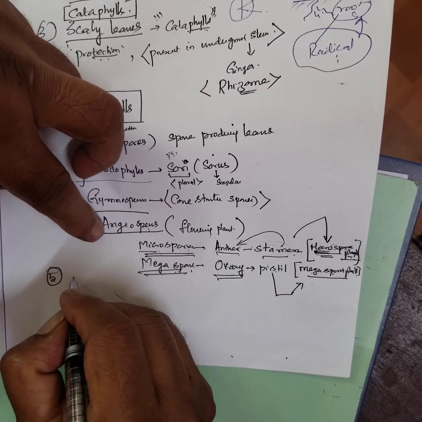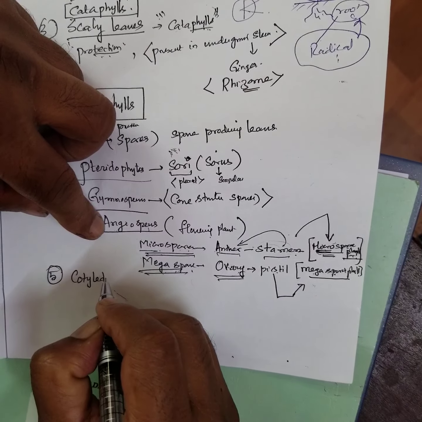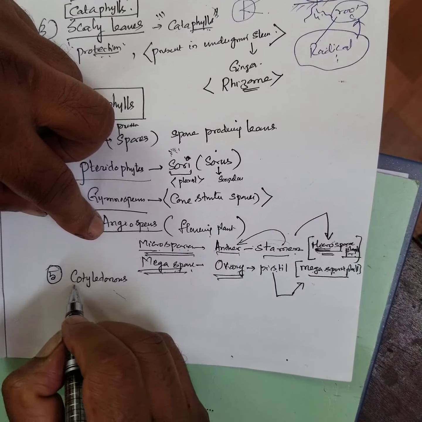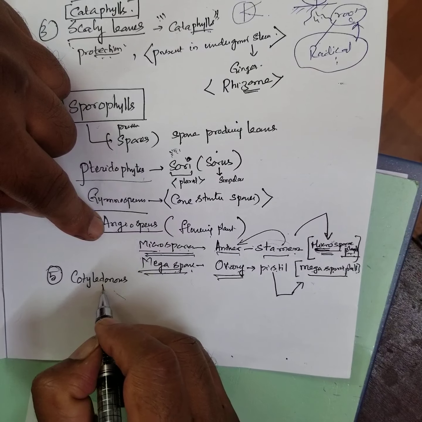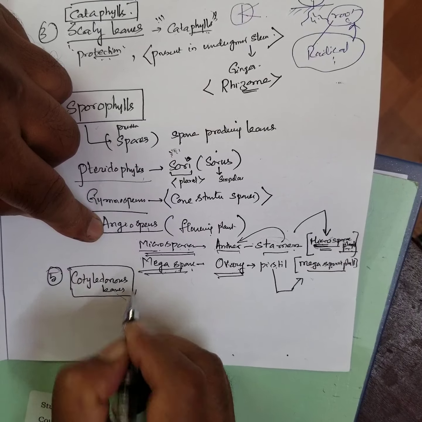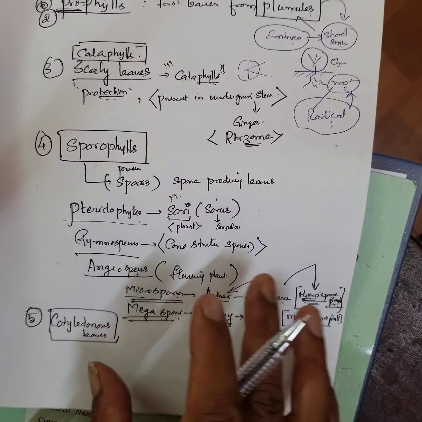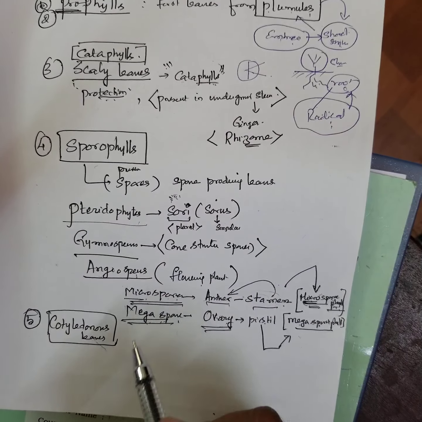Cotyledonous leaf. C-O-T, cotyledonous. Cotyledonous leaves, or file you can call. See, on your own, students, I'll ask you after the vacation, you can prepare the PowerPoint presentation.